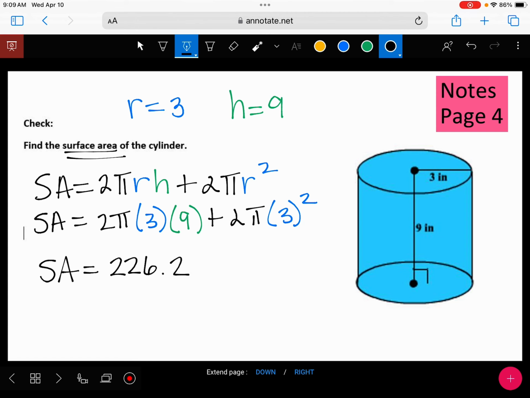Yep. Anybody else get 226.2? And then this would be inches squared. And that's it. Any questions about how we did that? So for homework 1 that you got yesterday, which is due Friday, you should have numbers 1, 2, and 4 finished.